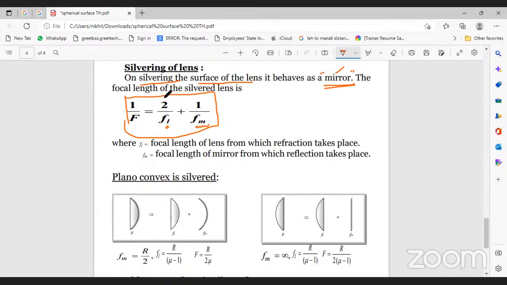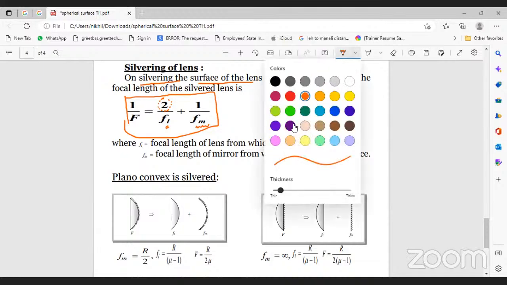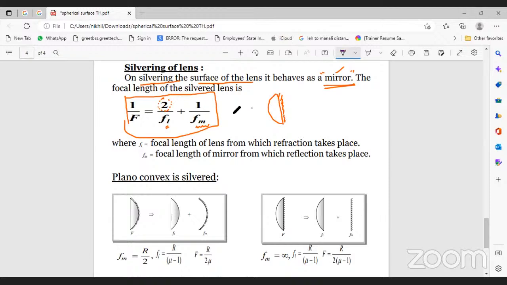Sir, why are we writing this 2 for refraction? Look at this example. This is one plane mirror. This is one spherical surface. If I incident a ray of light here, this is refraction. Here it undergoes reflection.